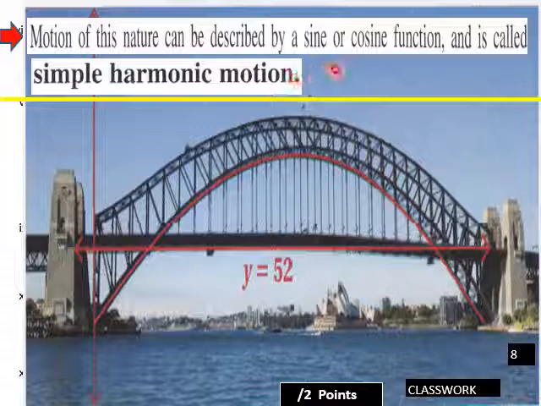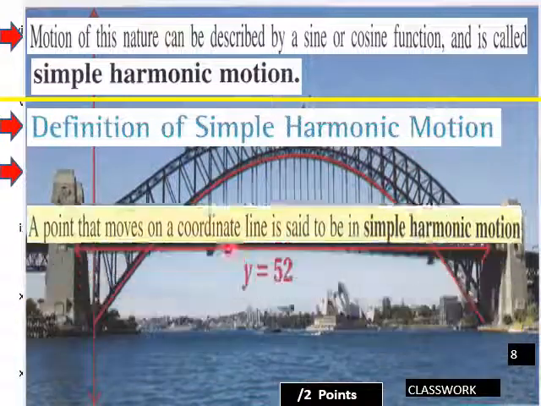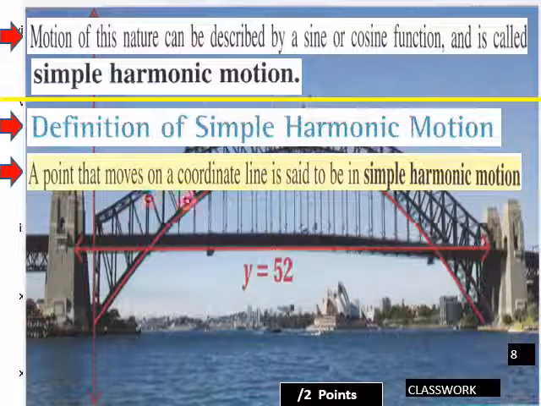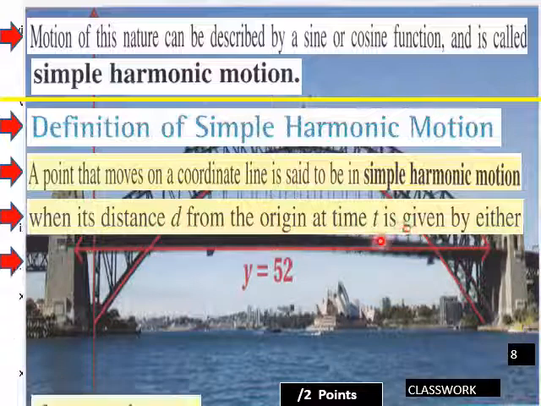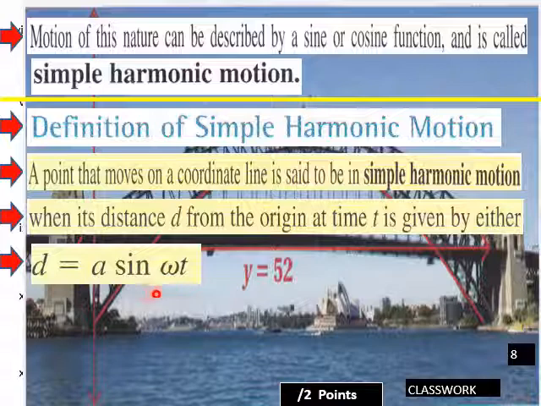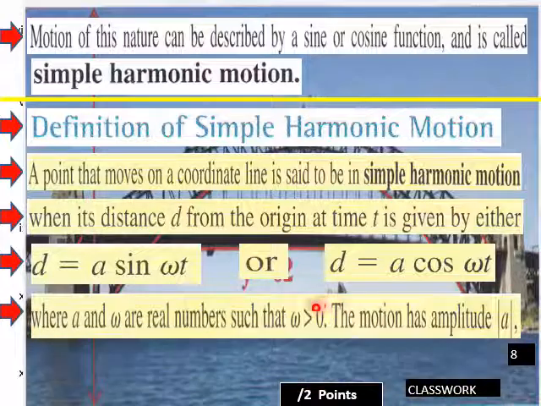Motion of this nature can be described by a sine and cosine function and is called simple harmonic motion. Definition of simple harmonic motion. A point that moves on a coordinate line is said to be in simple harmonic motion when its distance d from the origin at time t is given by either d equals a sine wt or d equals a cosine wt, where a and w are real numbers such that w is greater than 0.